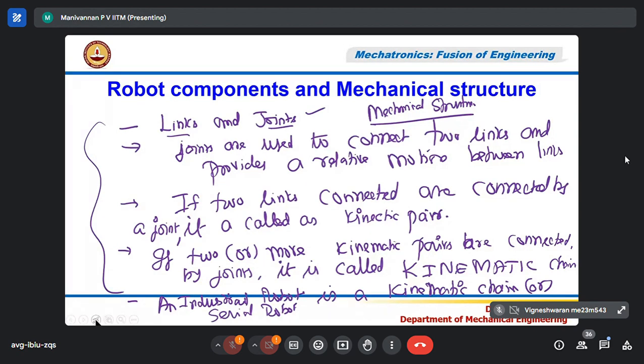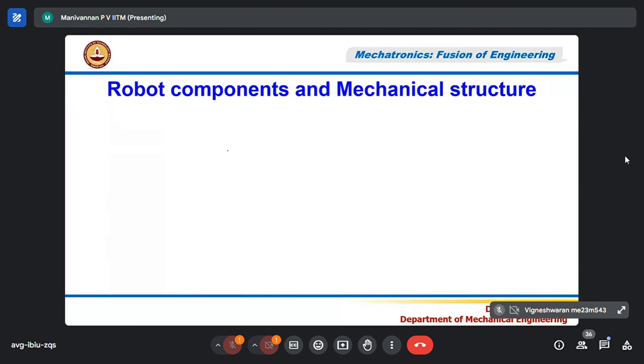Before closing, I will give one example. For example, I have a single degree of freedom robot. That means I have only one joint, a rotary joint, connected to a second link. This is my end effector gripper.